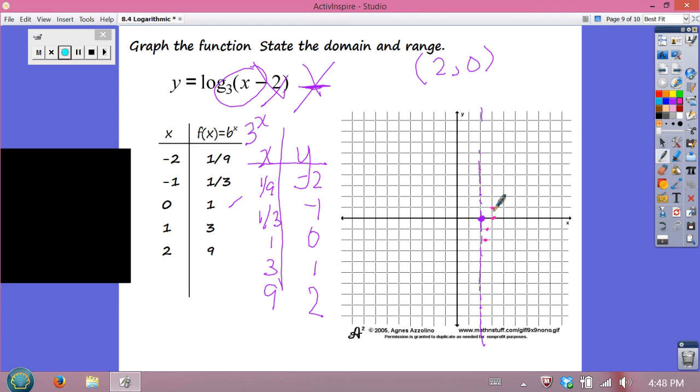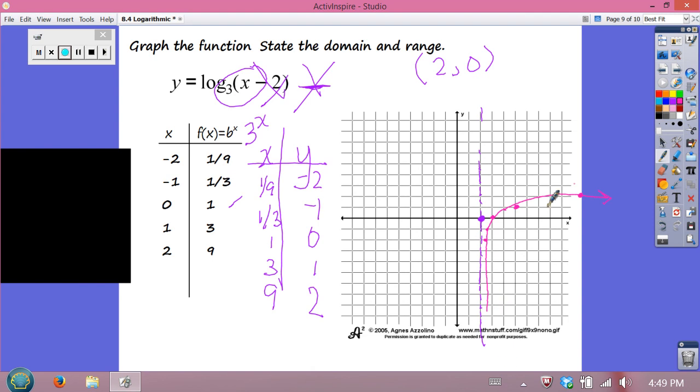Whoops, (1, 0). Was right the first time, sorry. And (3, 1), and (9, 2), which is somewhere out here. Draw a line, not crossing our x equals 2 line because that is our new asymptote.